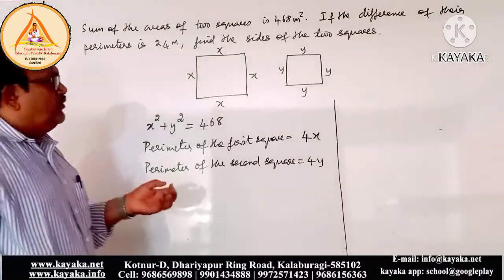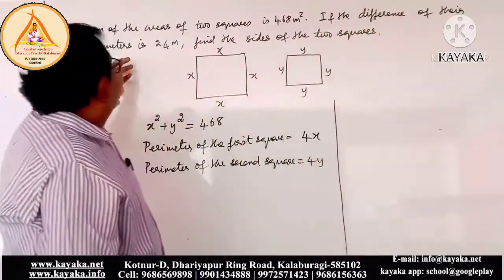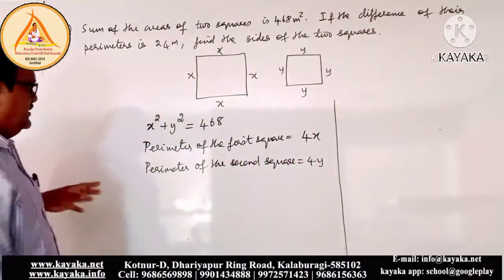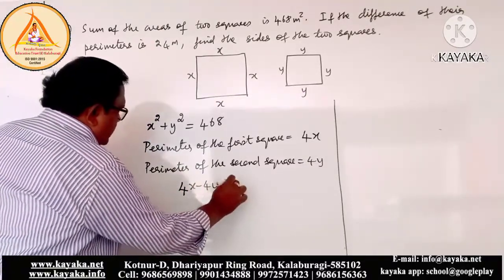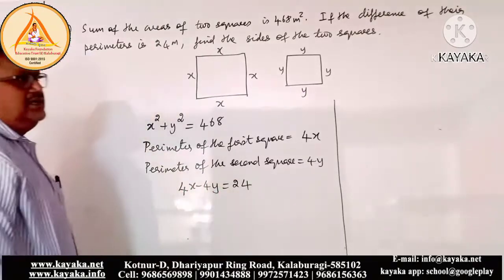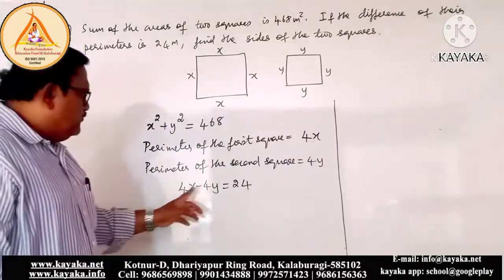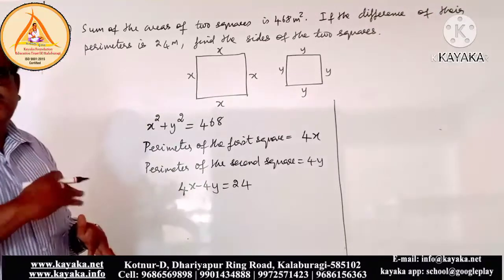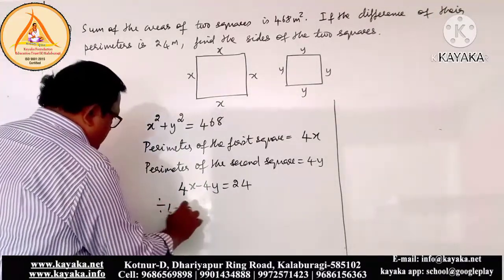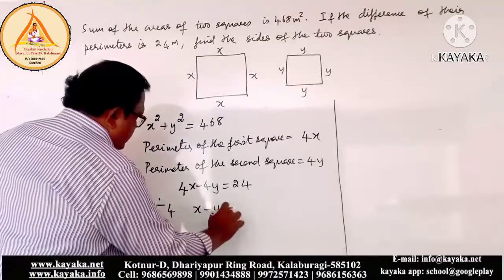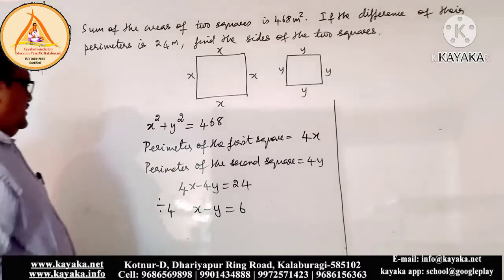Okay, dear children, what is the second condition? The difference of the perimeters is 24 meters. Therefore, 4x minus 4y equal to 24. Now 4 is common, so you can divide the whole equation by 4. Dividing by 4, we get x minus y equal to 6.